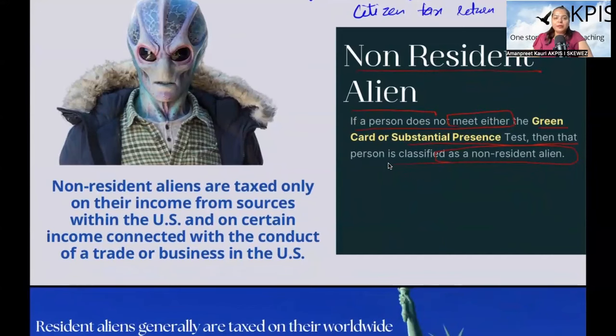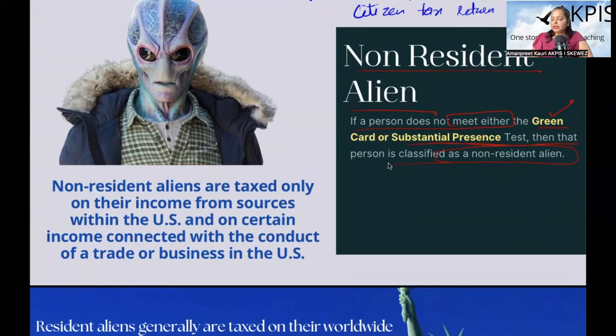Who are those persons who do not meet the green card test of the United States of America? Because for procuring the green card for permanent residency, you need to comply with the immigration laws over there. Or the substantial presence test, that we will discuss shortly, where you are supposed to be in the United States for a specific number of days.